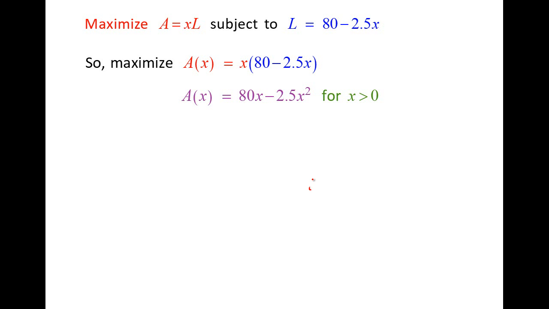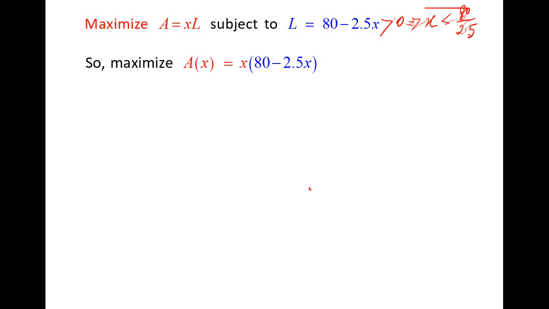Let me see if I can write right here. If I make L to be positive, then we can solve this equation for X. That's going to imply that X is less than 80 over 2.5, and that's going to show us that X is less than 32.